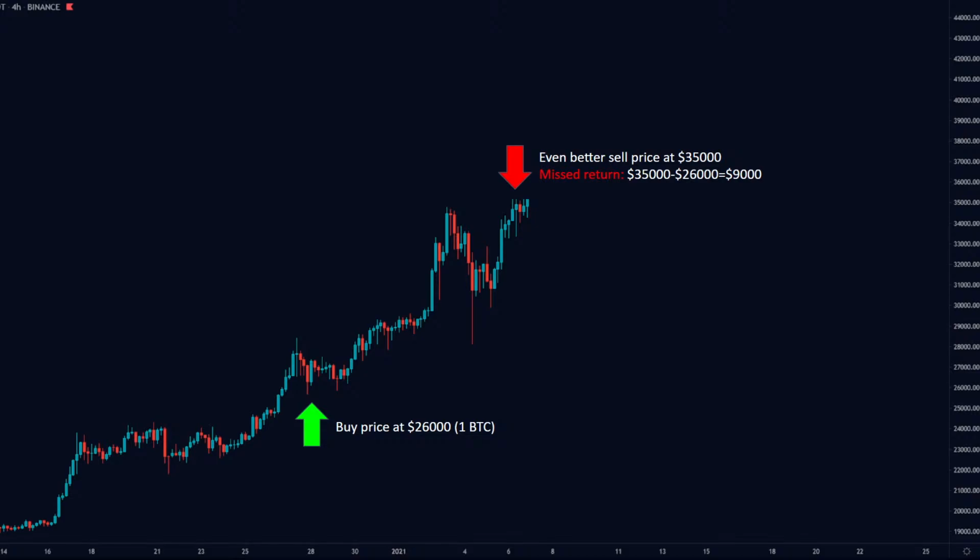So the lesson here is that regardless of your technical and fundamental analysis, the only thing that you can actually predict is the price direction, all right? But you can never predict the exact price the crypto will reach tomorrow, the day after tomorrow. So that's the point.